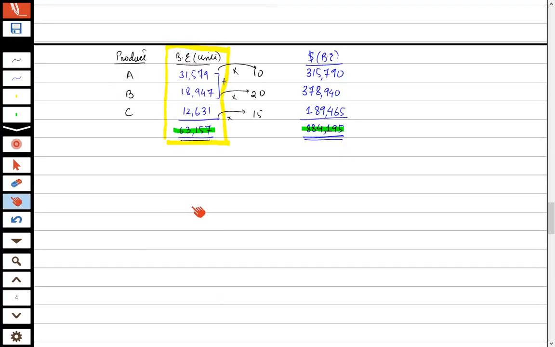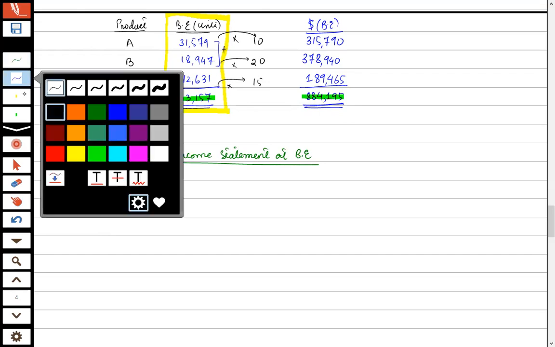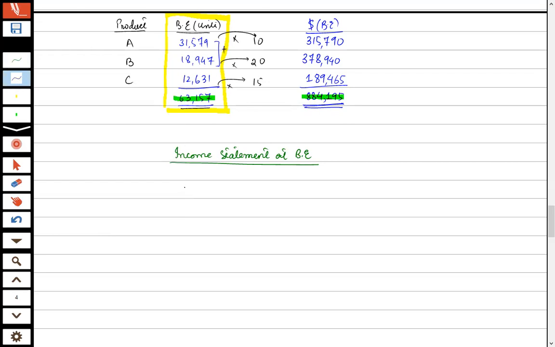So we will do it like this: income statement at break even, with product-wise columns A, B, C, and total.